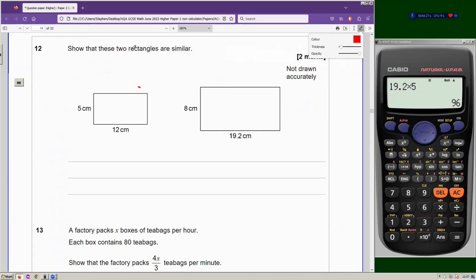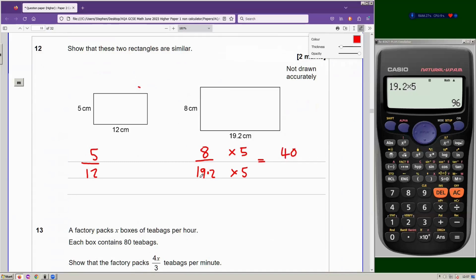Show that these two rectangles are similar. Right, we just got to show the ratios are the same. 5/12, 8/19.2. Let's times this one by 5, and we times this one by 5 equals 8 fives are 40.